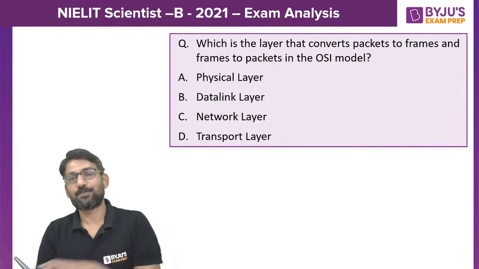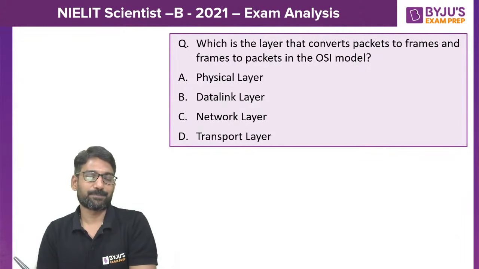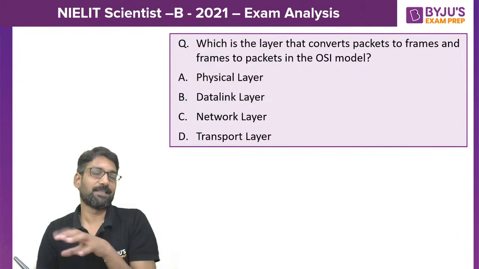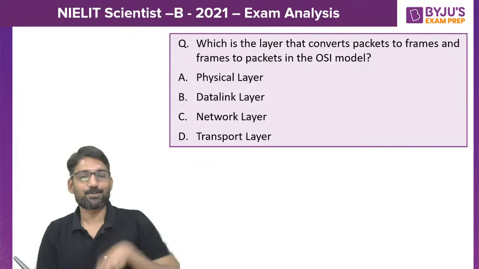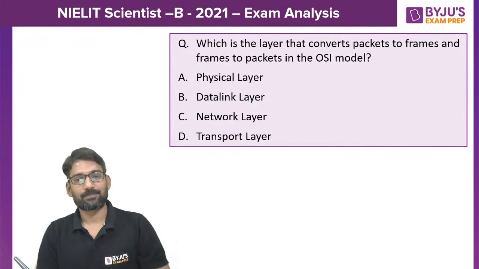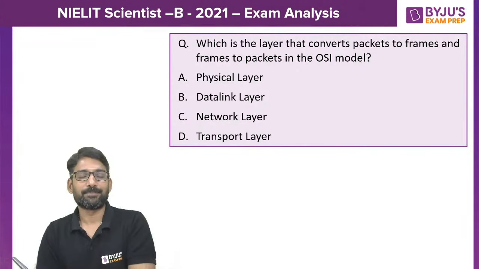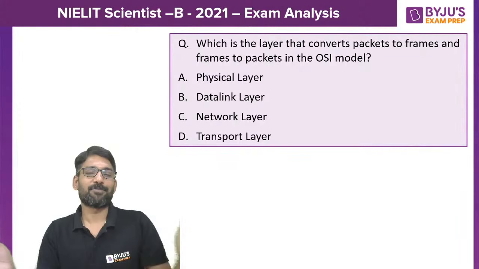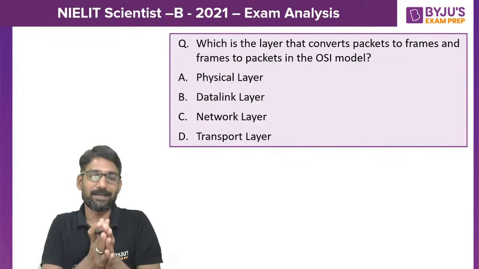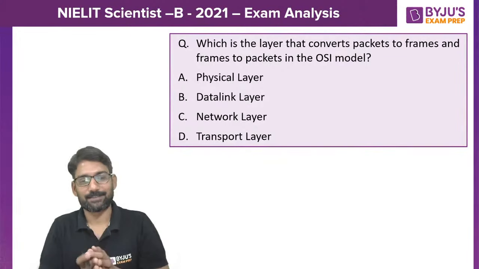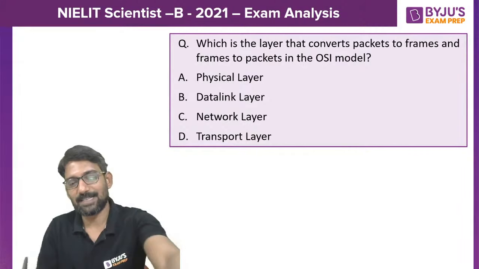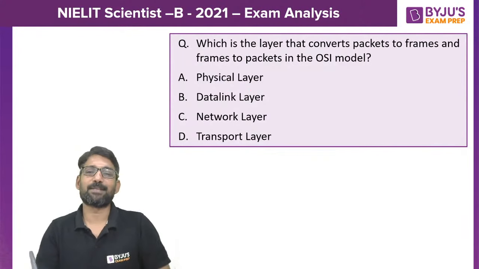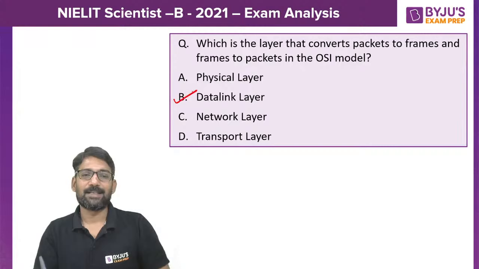Each packet is forwarded to the data link layer. The data link layer converts packets to frames, adding header and trailer. And at the receiver side, these frames are again combined to form a packet, right? So which layer converts packets to frames and frames to packets? Data link layer.